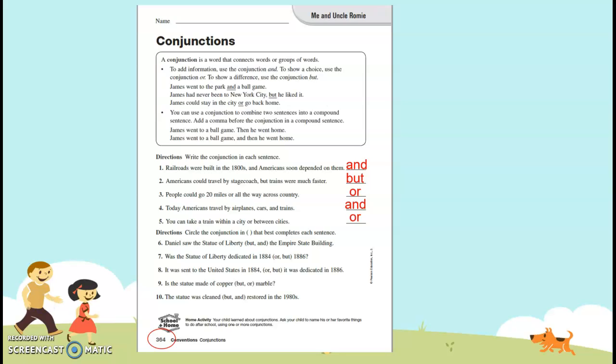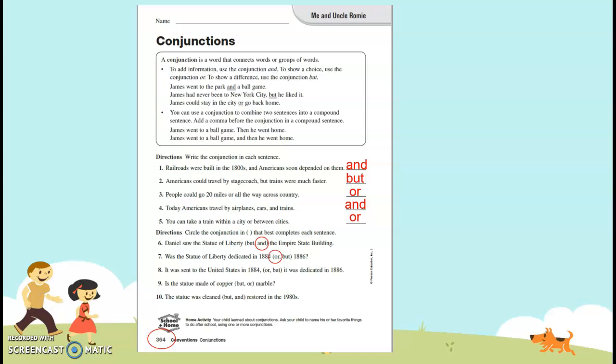Directions. Circle the conjunction in parentheses that best completes each sentence. Number 6. Daniel saw the Statue of Liberty, but or and. And. Number 7. Was the Statue of Liberty dedicated in 1884 or, but 1886? Or.